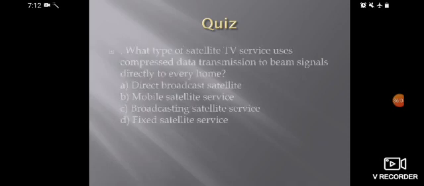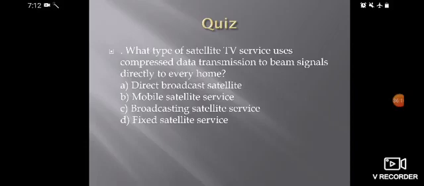The next question is, what type of satellite TV service uses compressed data transmission to beam signals directly to every home?